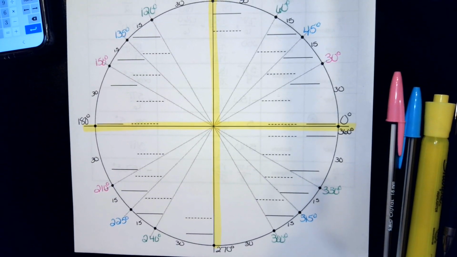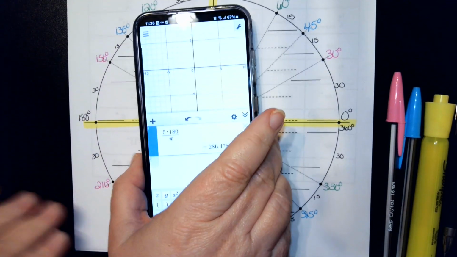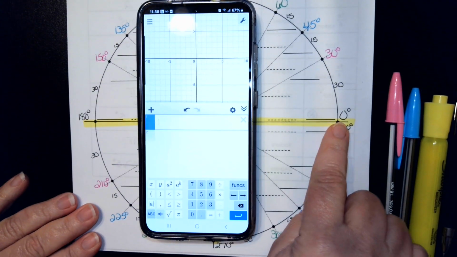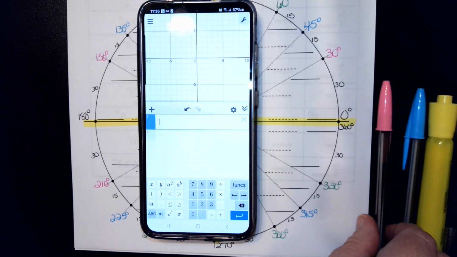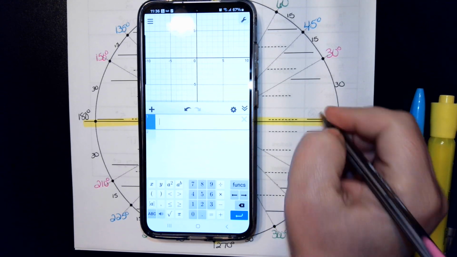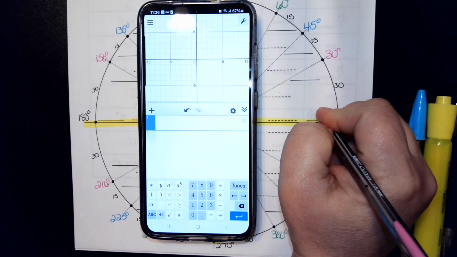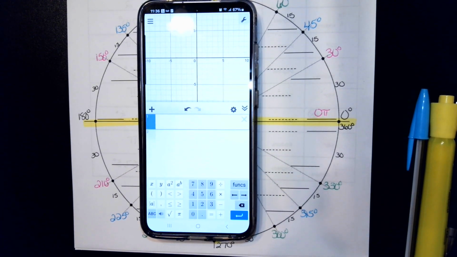Alright, so again, all we're going to do each time is divide by 180. So 0 divided by 180 is still 0, so that would be 0 pi. Most of the time, you're not even going to see that 0 pi written out, but we're just going to put it there for the time being.